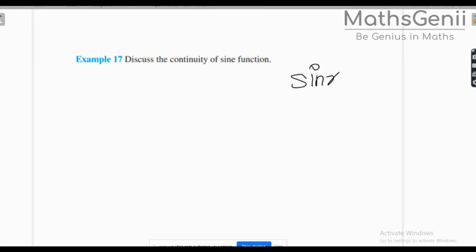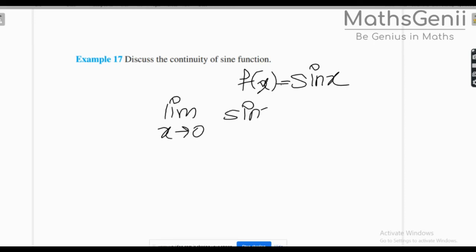Sine x, correct? So this is your f of x. Now I have to discuss the continuity of this function. So you have limit x tends to 0, sine x is equal to 0 as your starter. Okay. This is a fact. Okay. We don't need to prove it.